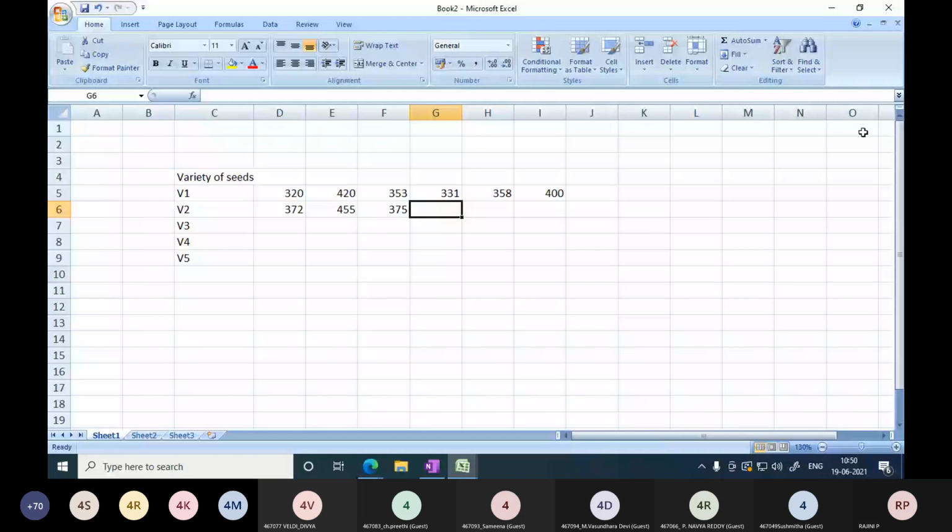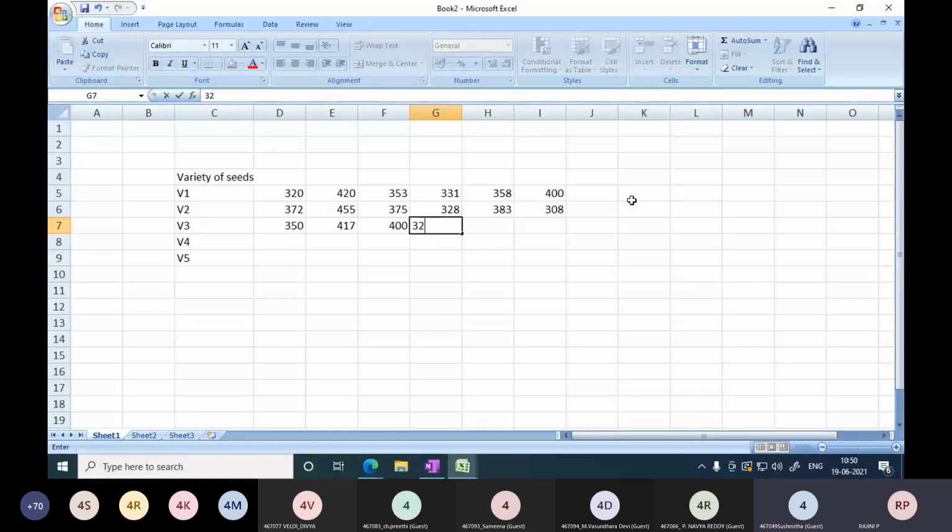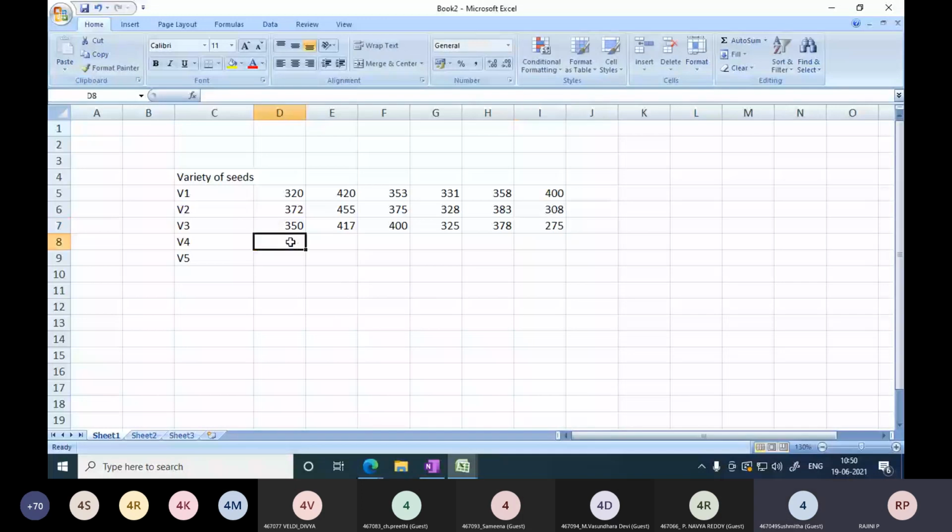Okay, next V3 values: 350, 417, 400, 325, 378, 275. Next, V4: 340, 360, 358, 370, 395, 375.